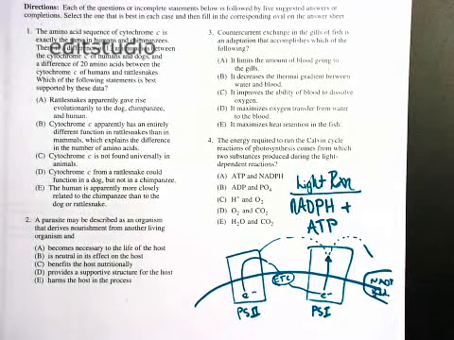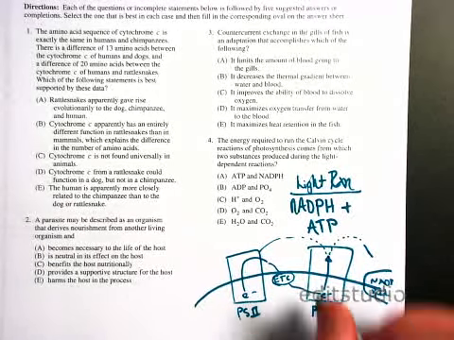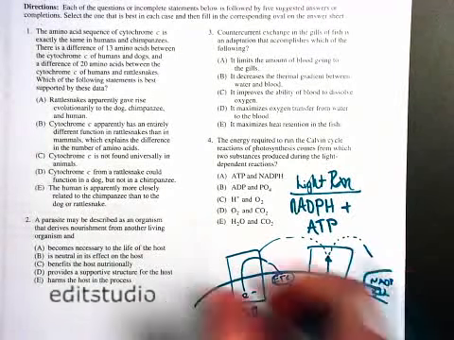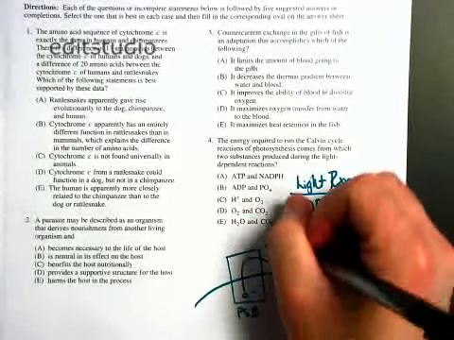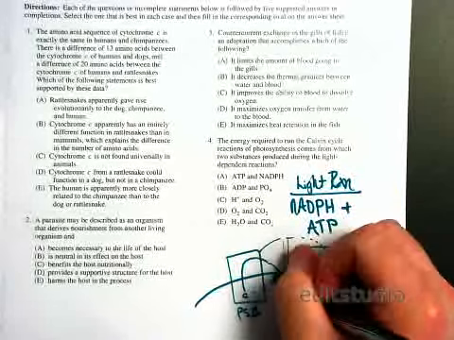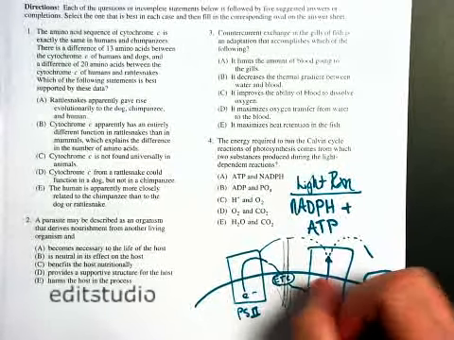Correct? What else was happening right through this step? Something else was coming in. Hydrogens were coming in. And these H pluses are acidic, correct?